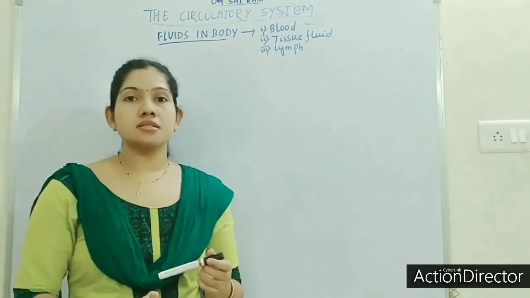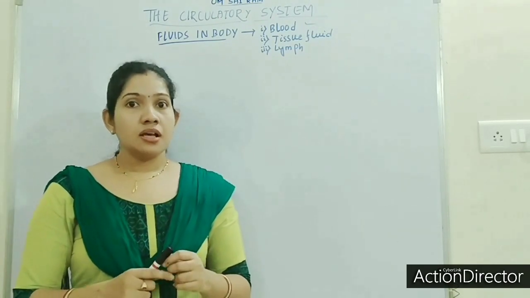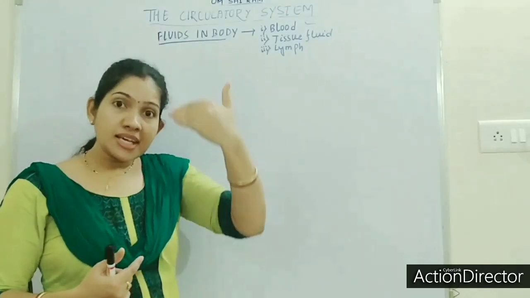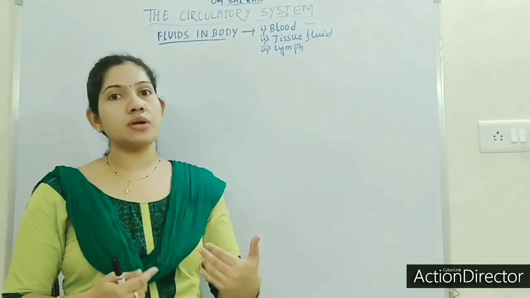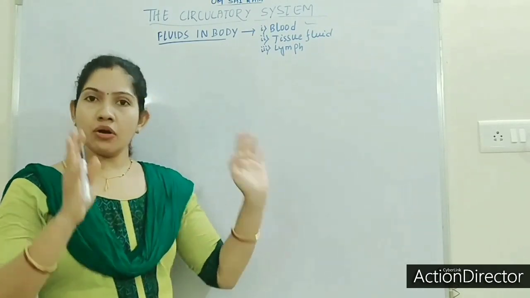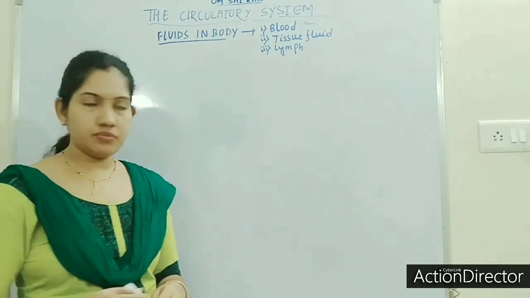So now let us discuss one more important thing. What is the connection of blood, tissue fluid and lymph in our body? I am showing you in diagrammatic form. Now you will have a clear idea about blood, tissue fluid and lymph. Okay.